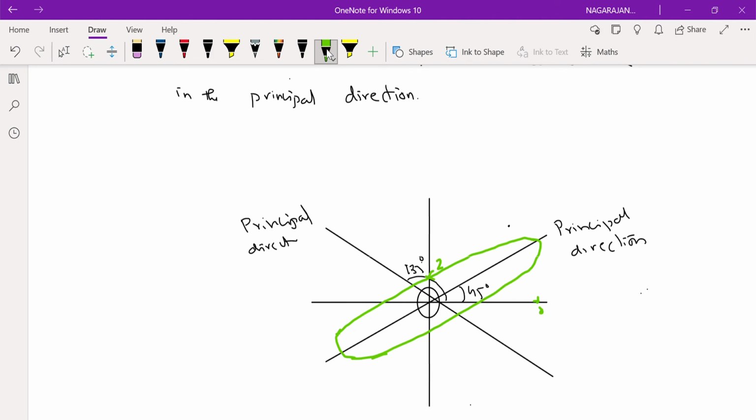Similarly, the same in the second quadrant, semi-major axis 8 and 2. So this is a geometrical representation of the stretching of an elastic membrane.